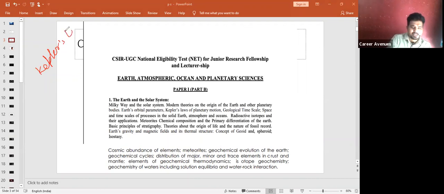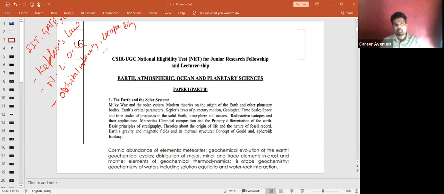The third one is based on orbital velocity and escape velocity. These things are common in each and every exam: IIT JAM, GATE, and NET.